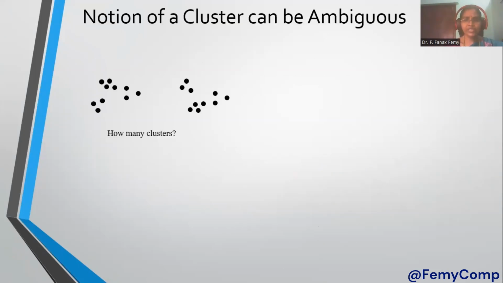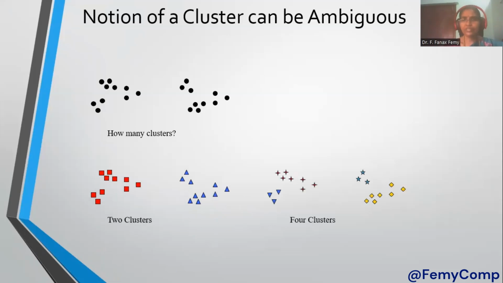So these are examples of clustering: 2 clusters, 4 clusters, 6 clusters. We know what a cluster is. A cluster means we group similar objects into one cluster or one class. There is a set of objects which include different types of objects.